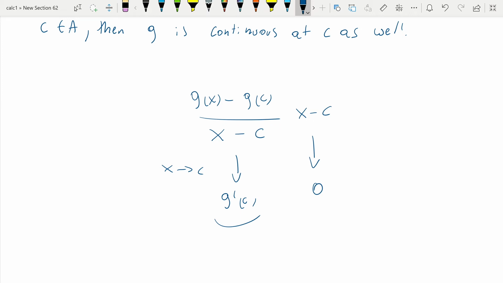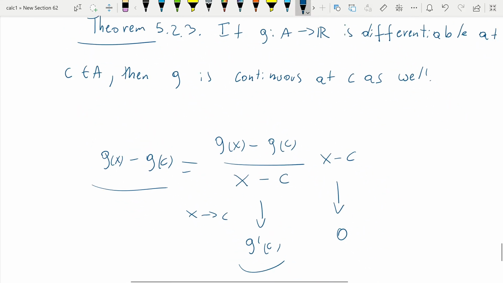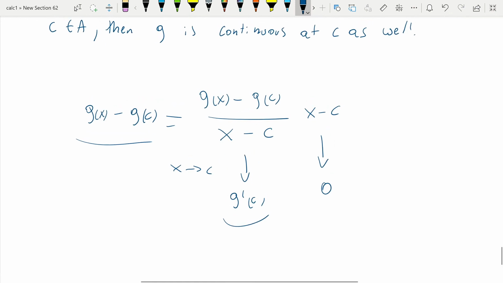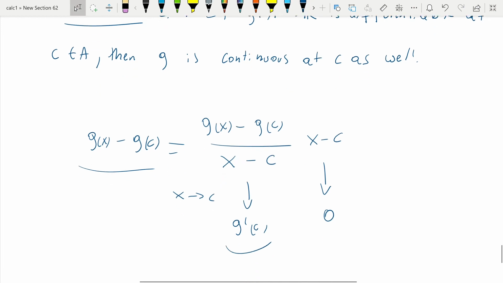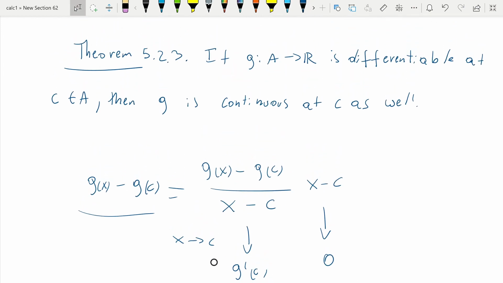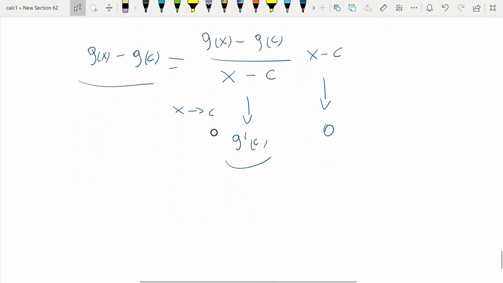But since this is equal to g of x minus g of the point c, this shows that this difference goes to 0, since x minus c is going to 0. So a function that's differentiable at a point is always continuous at the point.